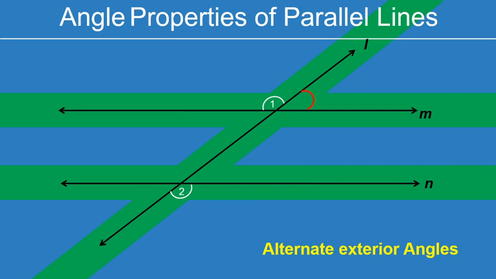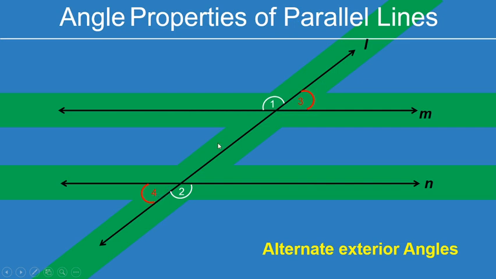Similarly, if we take the reverse of Z, as we did in the alternate interior angles, the alternate interior angles were this and this. Now the alternate exterior angle will be the angle adjacent to it on the exterior side. So the angle adjacent to this one on the exterior side is 4.